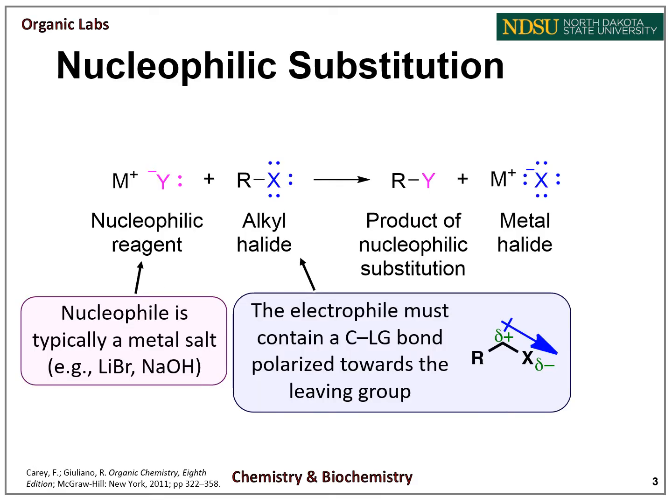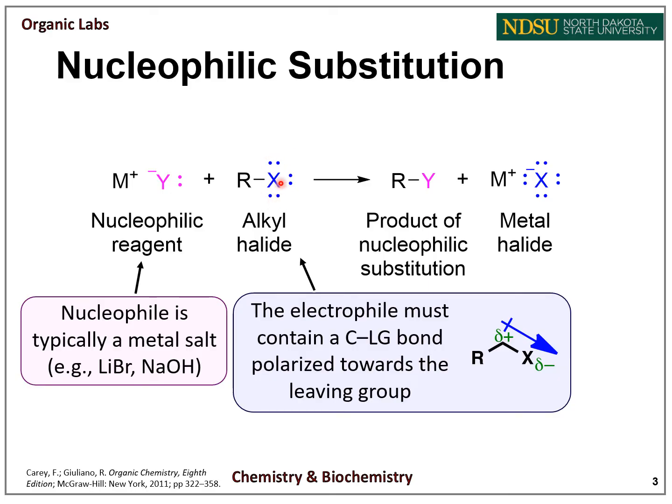Shown here is a general reaction for a nucleophilic substitution reaction, in which on the left we have our nucleophilic reagent. The nucleophile is typically a metal salt such as lithium bromide or sodium hydroxide that reacts with an electrophile. This must contain a carbon leaving group bond which is polarized towards the leaving group.